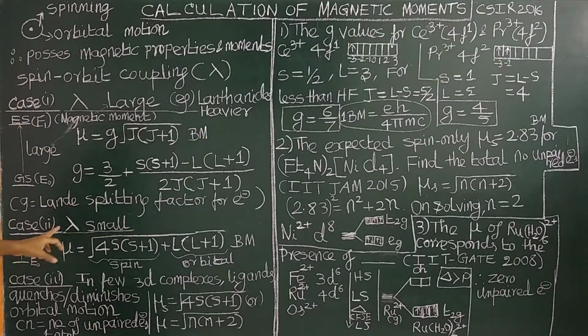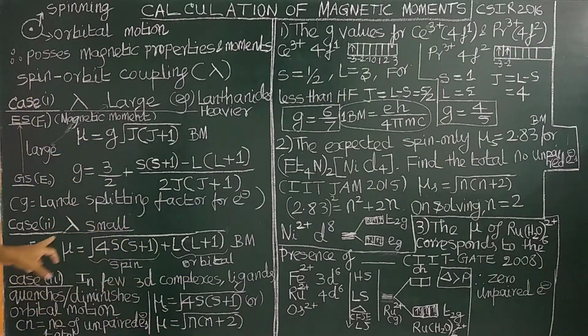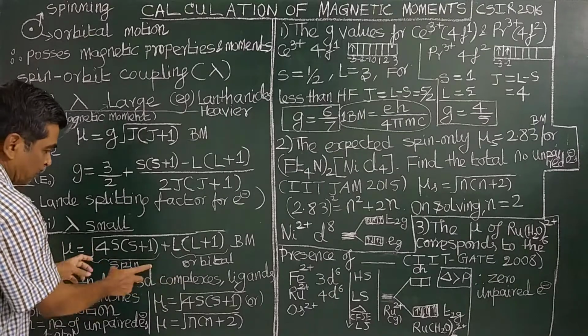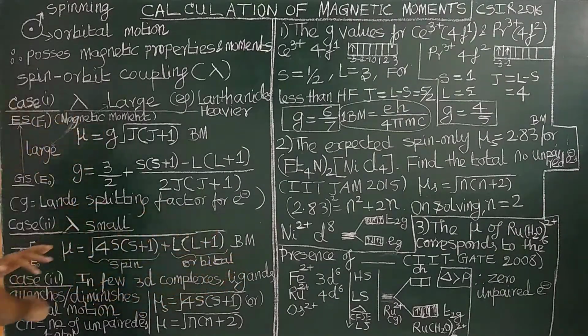Now, when the coupling between the spin magnetic moment and orbital magnetic moment is small, that is, the spin orbit coupling is small, then the spin magnetic moment is calculated separately and the orbital magnetic moment is calculated separately, and they are added.